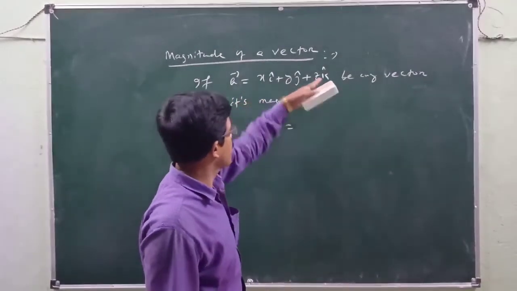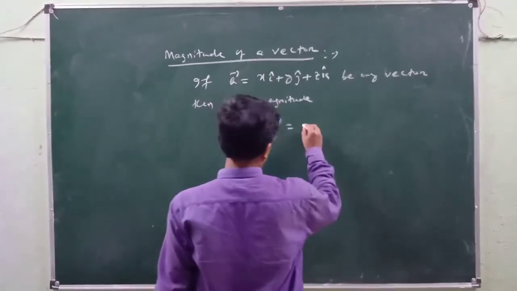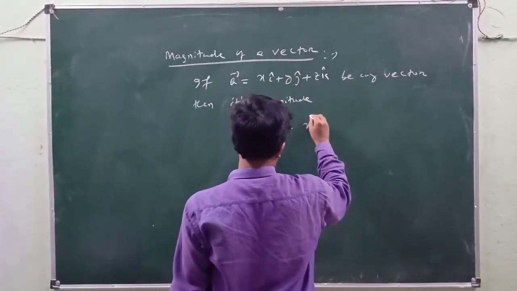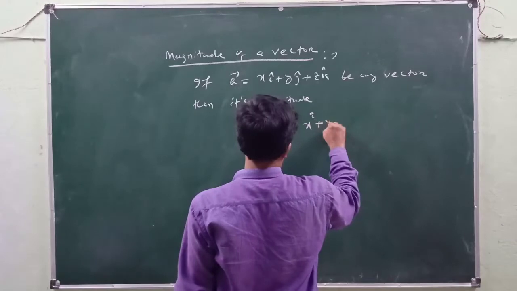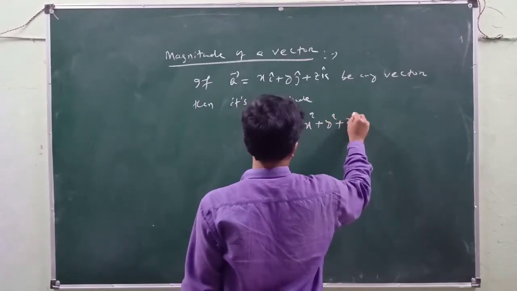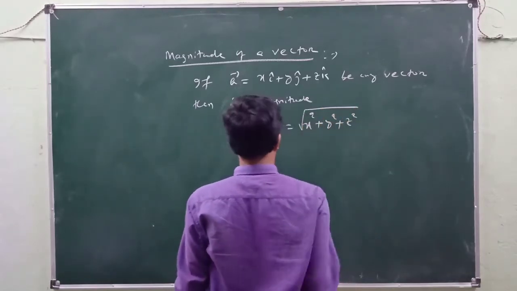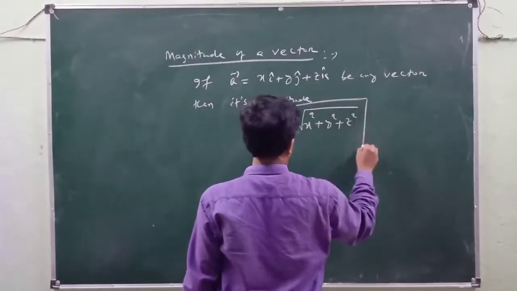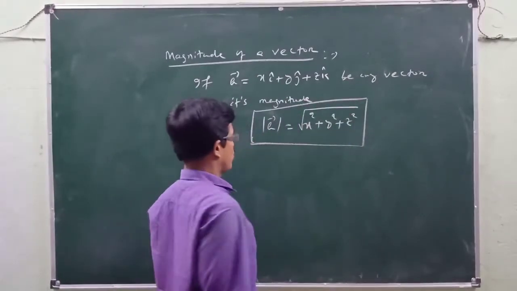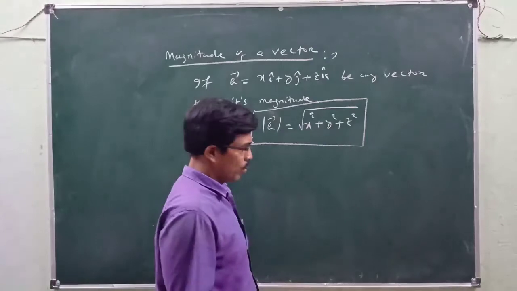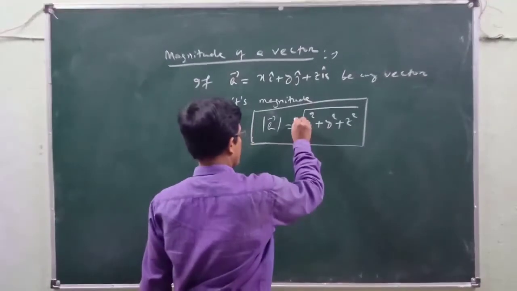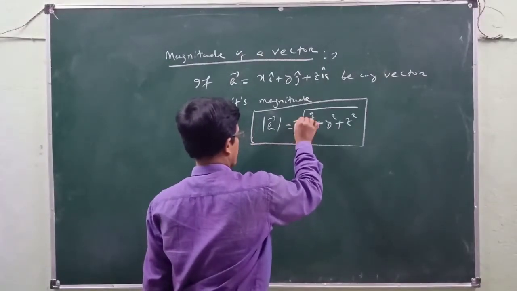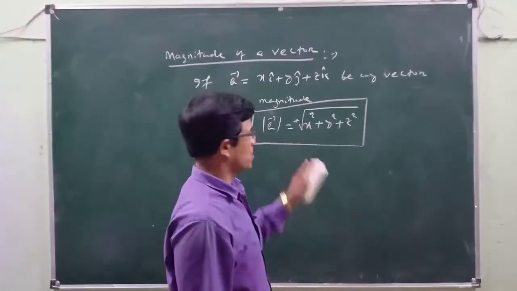It is x, y and z. Then you take the sum of squares of all scalar components, that means x square plus y square plus z square. Then you take its square root, which gives you the magnitude. So you always remember magnitude is a positive quantity, so you take its positive value.